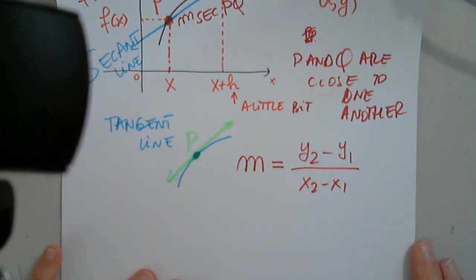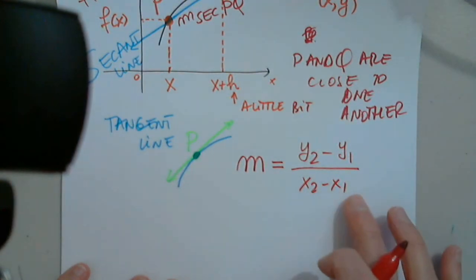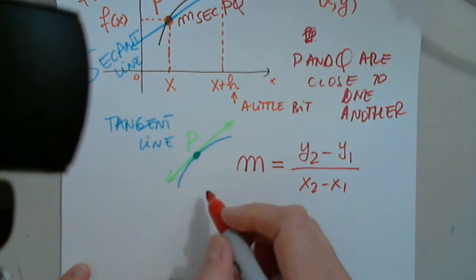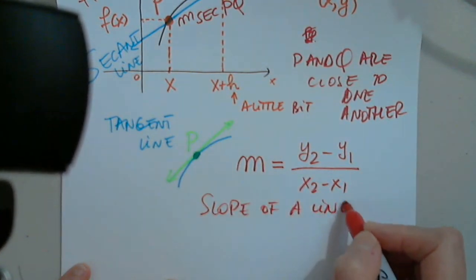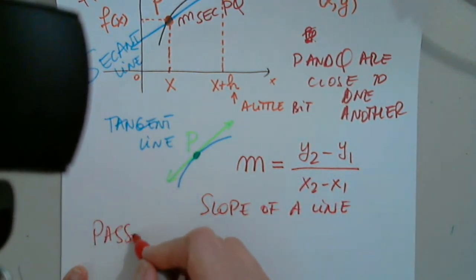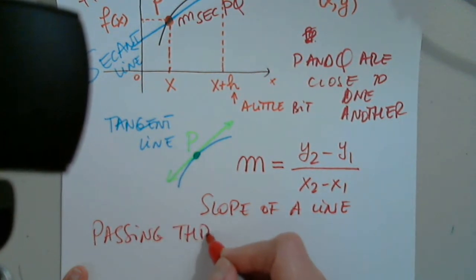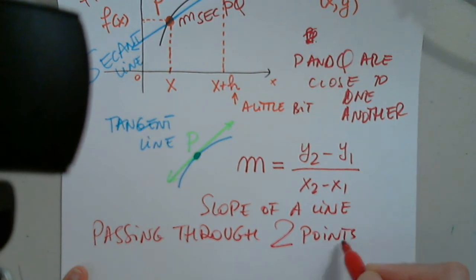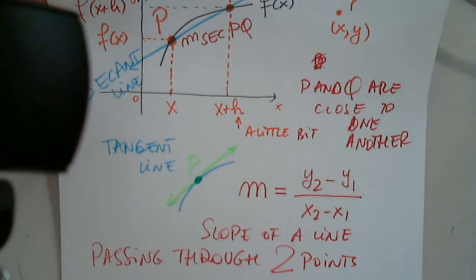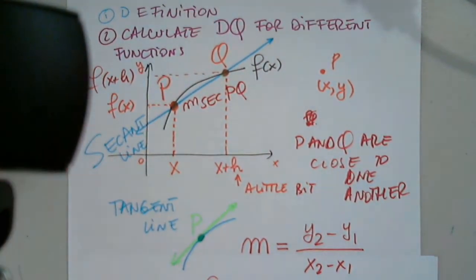Excellent. Thank you, Sean. Very good. This is the slope of a line passing through 2 points.